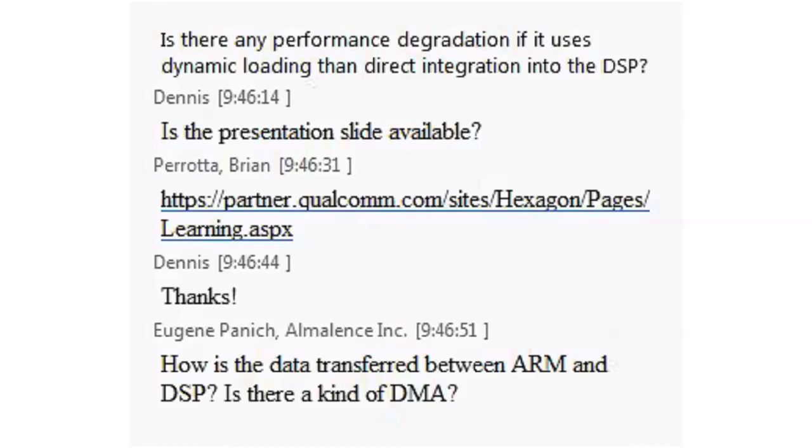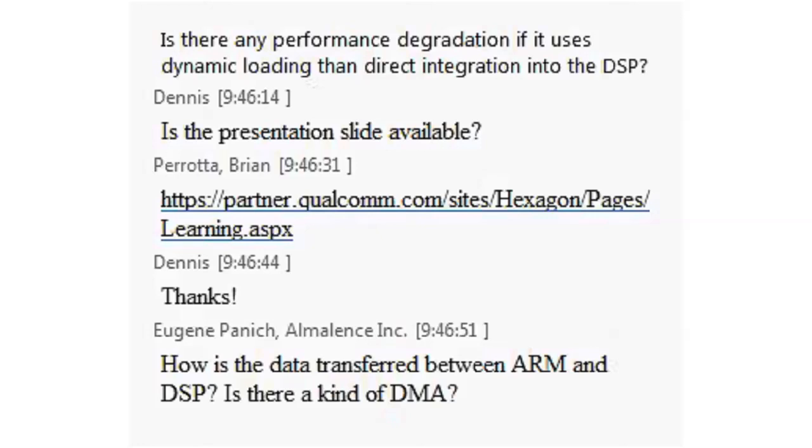There's another question. How is data transferred between ARM and DSP? It is a kind of DMA. So it is exactly, if I understood correctly, the FastRPC mechanism. I don't think there's any DMA, because the RAM is shared between ARM and DSP.